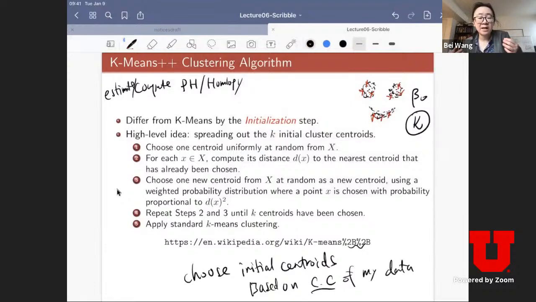The second thing is I can also choose my initial cluster centroids based on those connected components, right? So basically I choose one point, and I say, well, my next point has to be in a different connected component, and my third point has to be in the third connected component, and so on and so forth. So that's a good thing to think about when you think about injecting topology into an existing model.